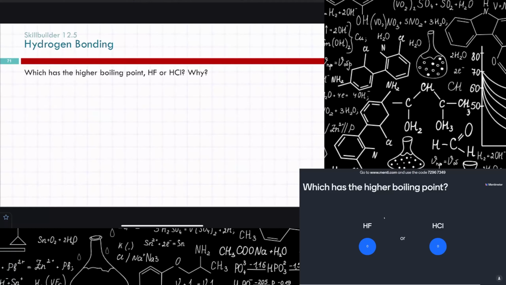So here we're looking at which one has the higher boiling point, HF or HCl. You've got to think about the 3 different types of forces that we've talked about so far: dispersion, dipole-dipole, and hydrogen bonding.